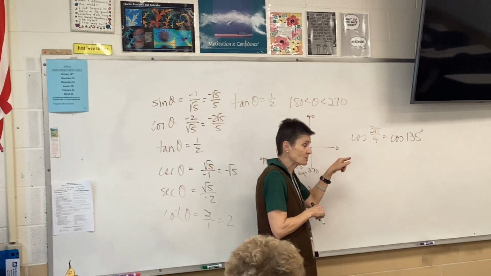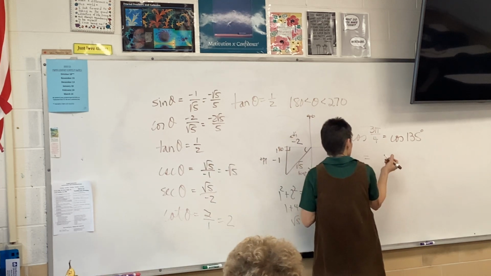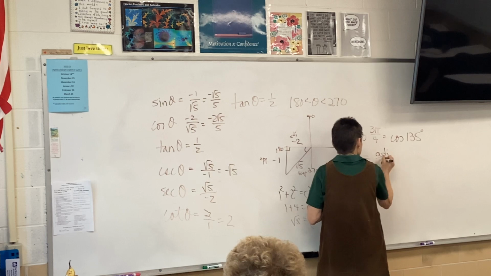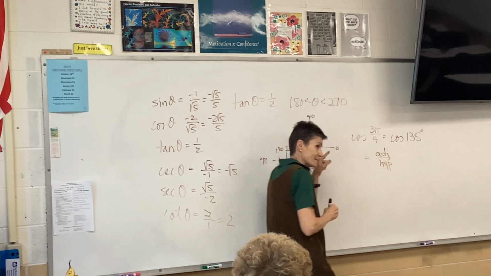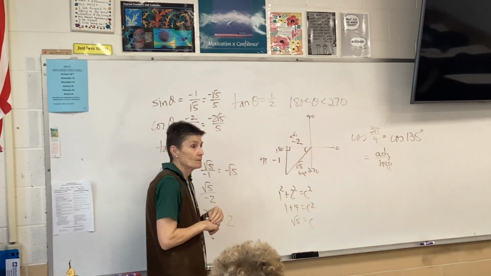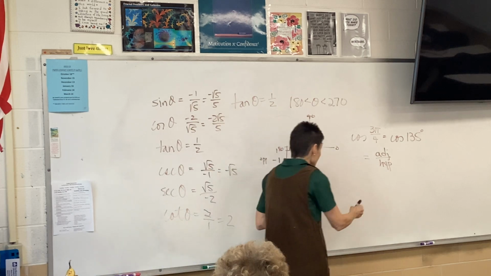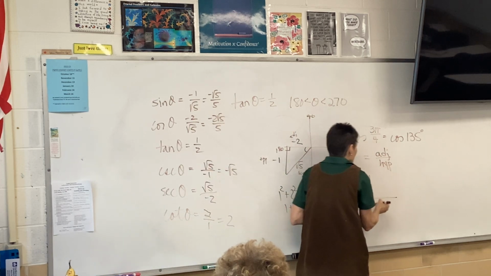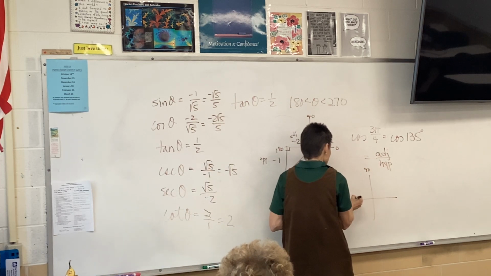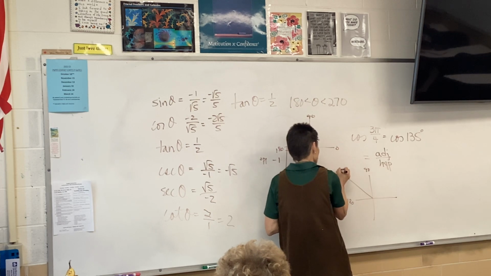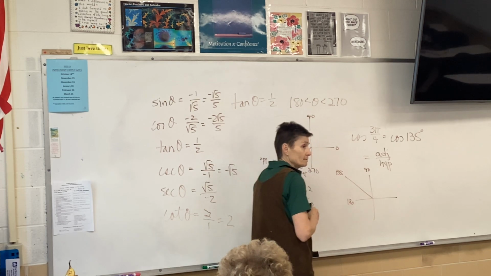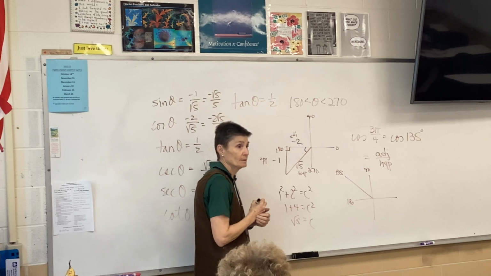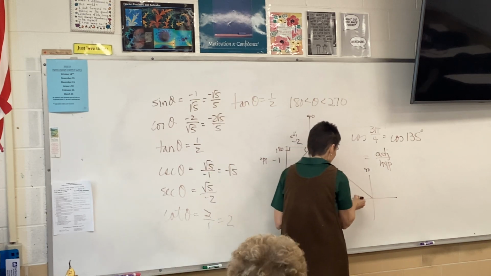That is not the answer. The answer is a cosine. The answer is adjacent over hypotenuse. That's the answer. So I'm gonna draw a picture because I need a triangle. And I know that's 90 and this is 180, so 135 is right here. And I'll make my triangle.